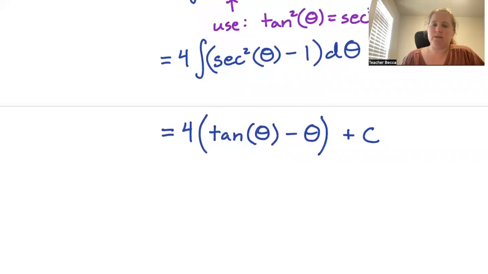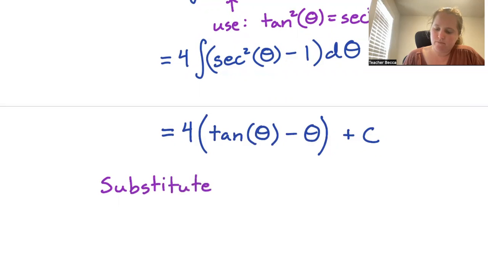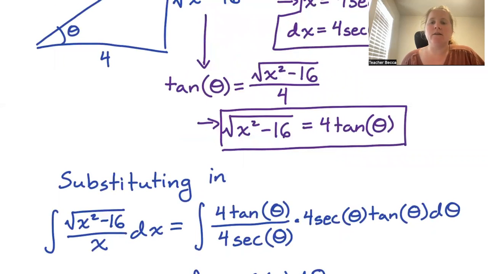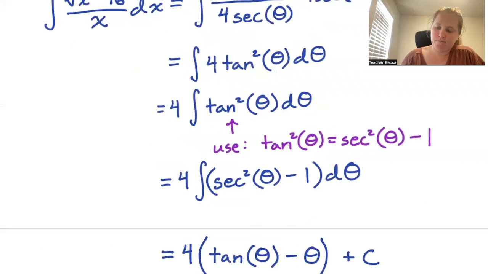At this point, we substitute back in. So we had our relationships. We have the tangent of theta is the square root of x squared minus 16 over 4.